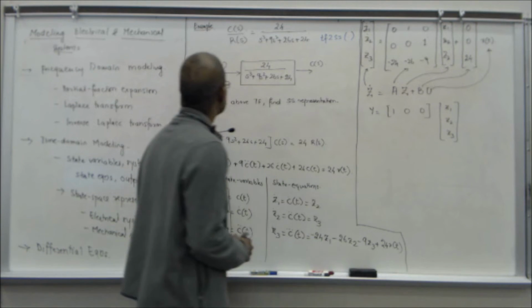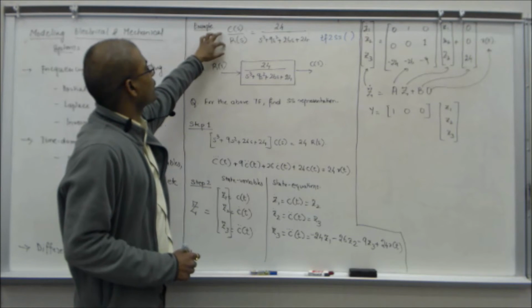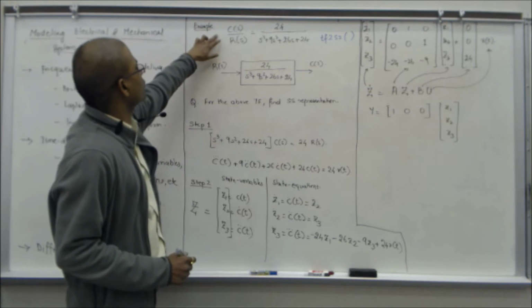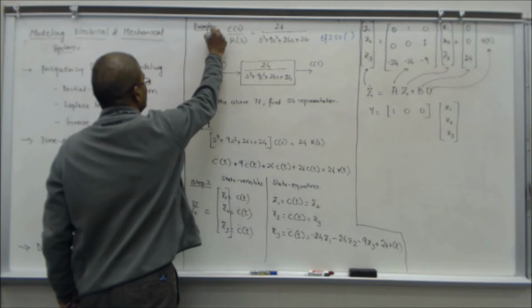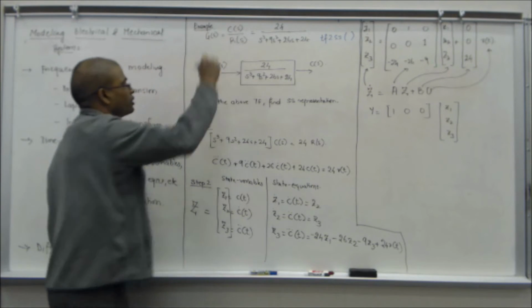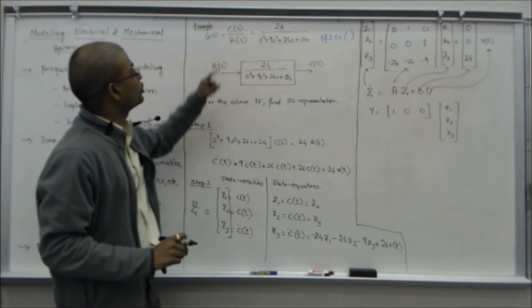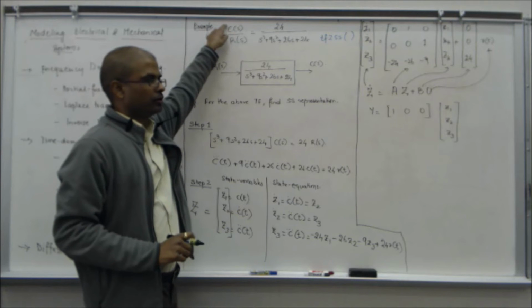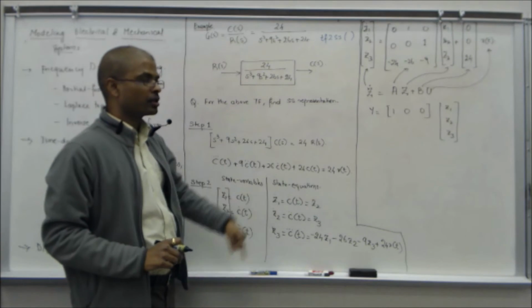If you look at the transfer function, what is the transfer function? This is the transfer function, G of S. And how is it defined? Output over input. So what is the output? C of S, the Laplace transform of the output.